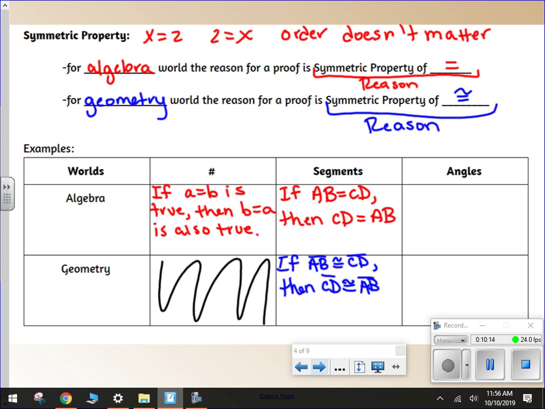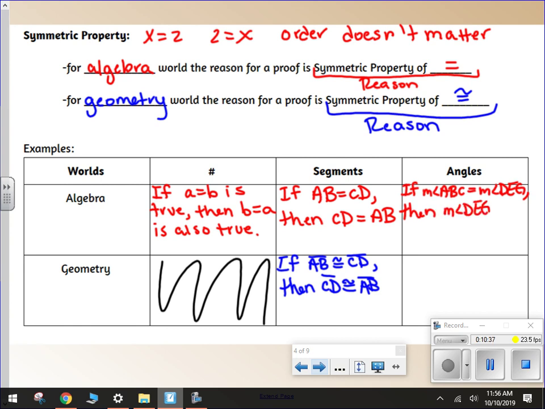For angles, if the measure of angle ABC is equal to the measure of angle DEG, then the measure of angle DEG is also equal to the measure of angle ABC. It's the same thing, I'm just doing it with angles.